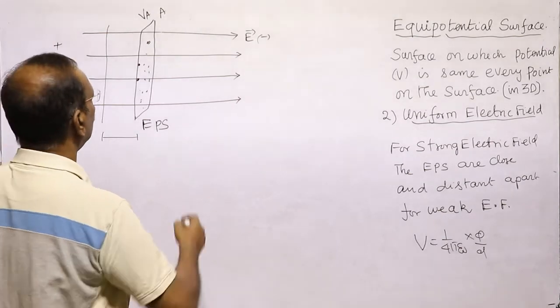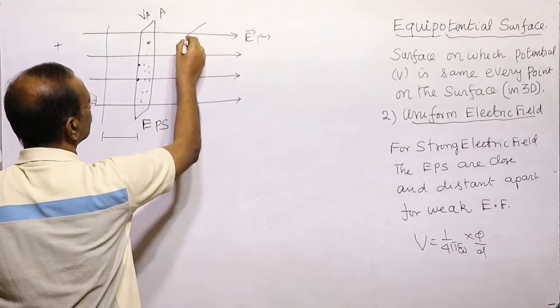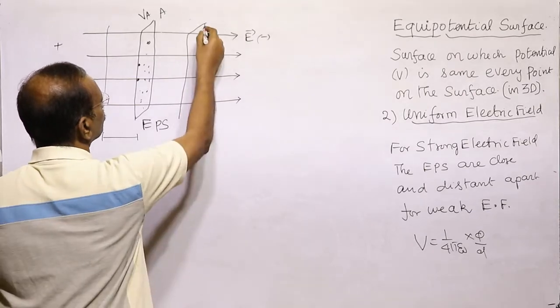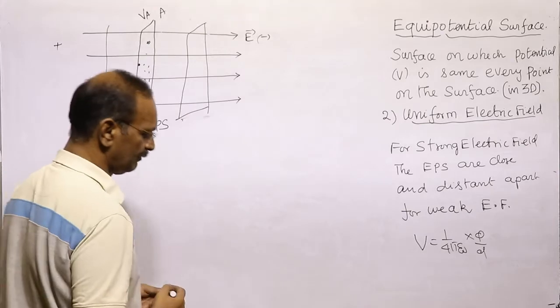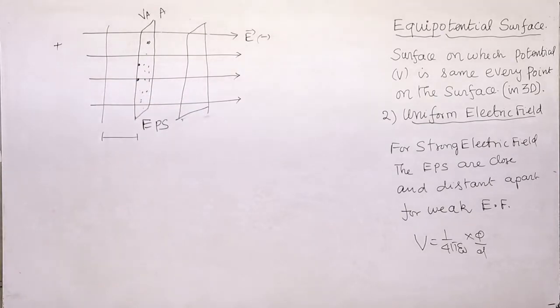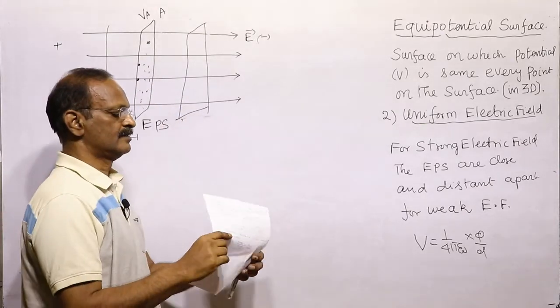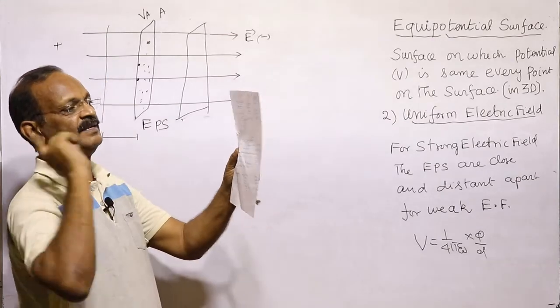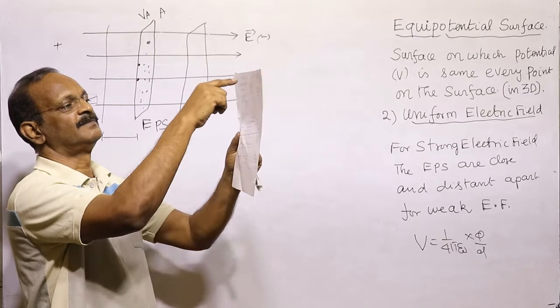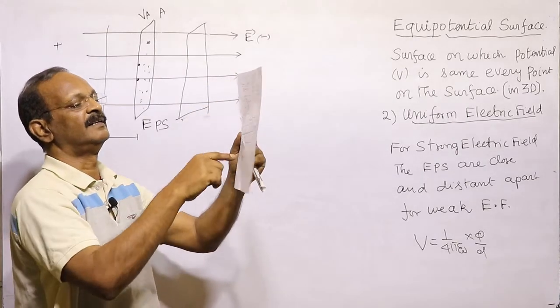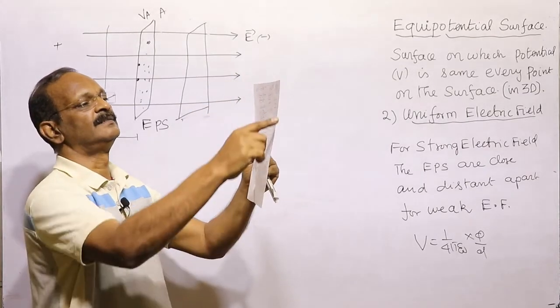Now, for this also, here also, it will be like this. You can take an example. Let us take this one. From here, this is a uniform electric field, and this is the distance at this point, at this point, at this point.